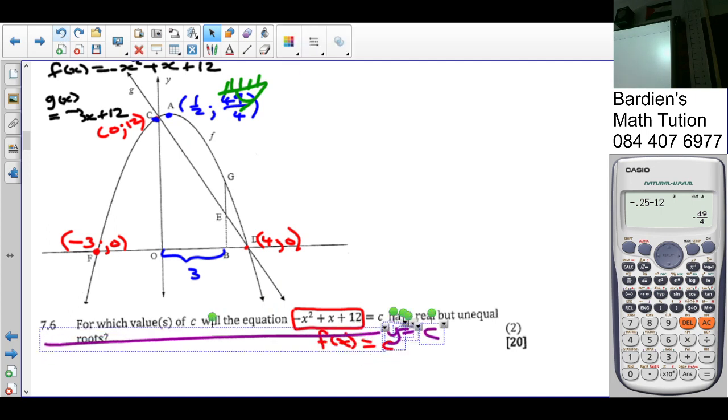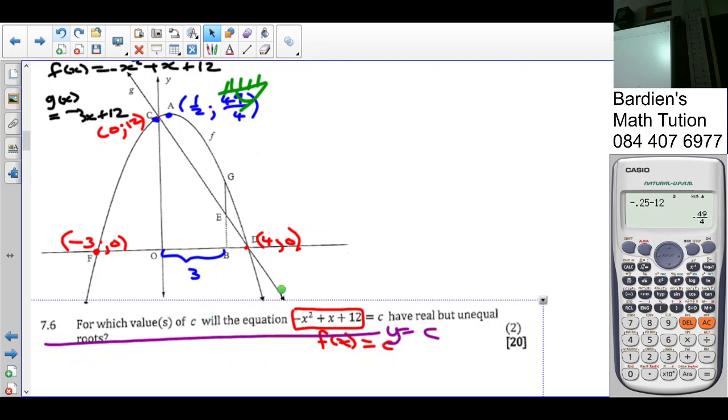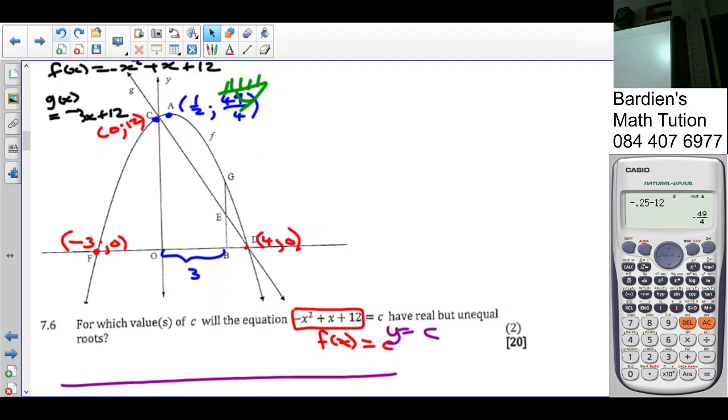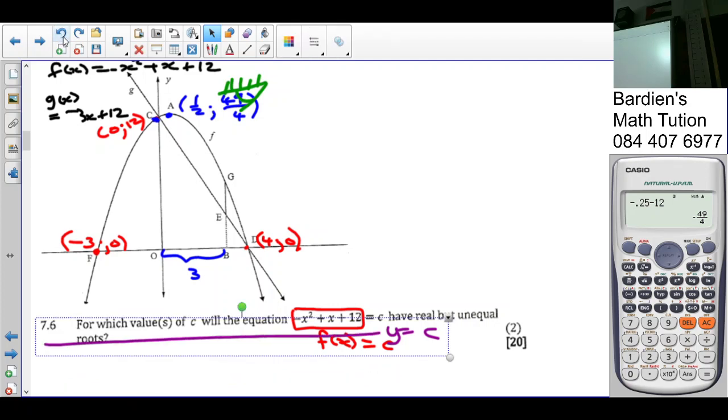Yes. And if I take this to -1,000,000, will it cut still? Yes. It will still cut. You guys understand? So as long as I go down there, the graph will be real and unequal. So the roots will be different.